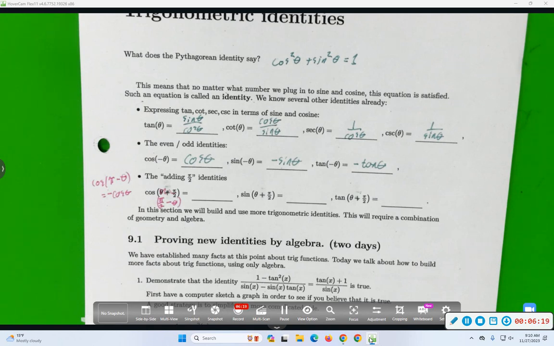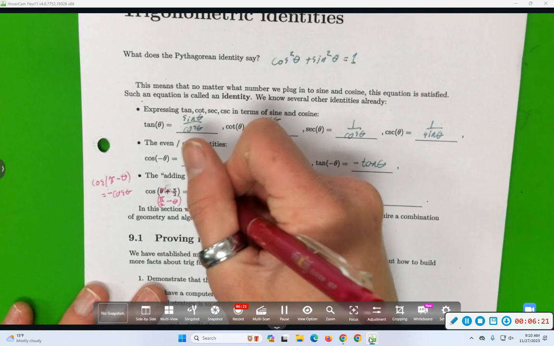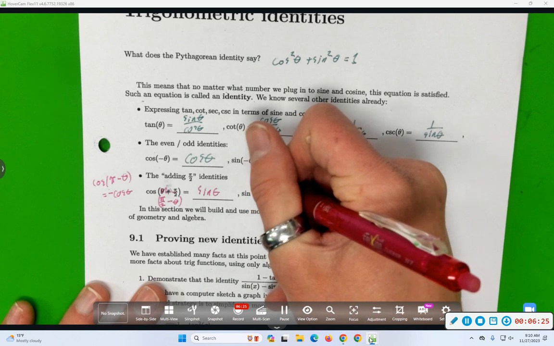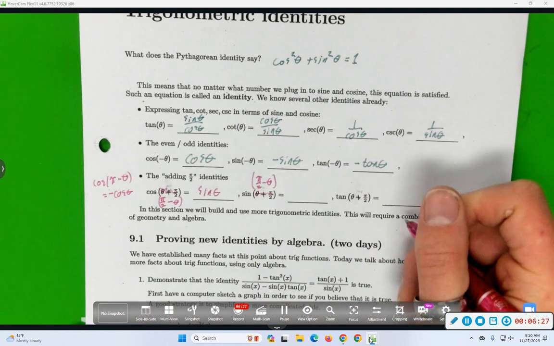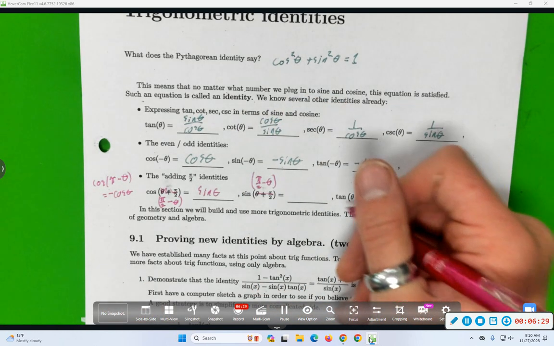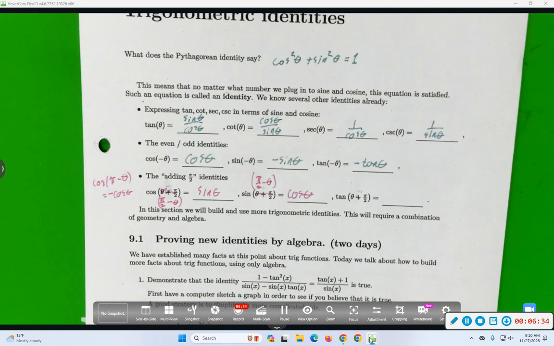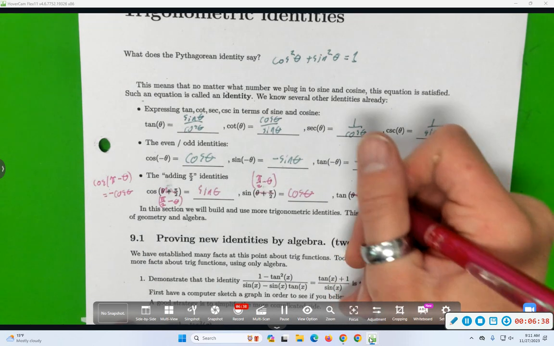So cosine of pi over 2 minus theta is sine theta. Sine of pi over 2 minus theta is cosine theta. Again, the x and y coordinates swap. So what's the tangent of pi over 2 minus theta?